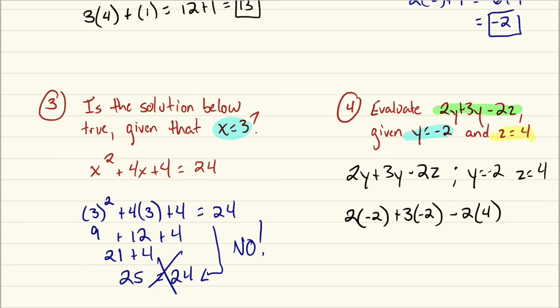So now all we have to do is simplify each term. 2 times negative 2 is negative 4. 3 times negative 2 is negative 6. And 2 times 4 is 8. So we have negative 4 plus negative 6 minus 8. Negative 4 plus negative 6 is negative 10. And we're still going to do minus 8 on the end. Negative 10 minus 8 is negative 18.